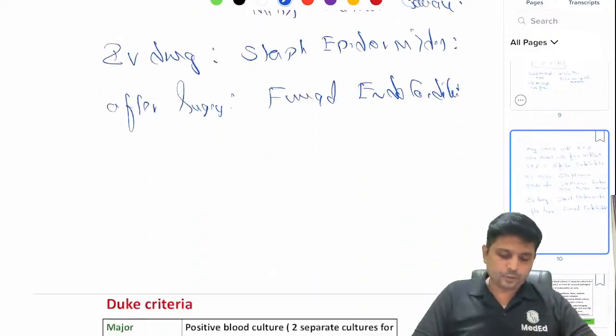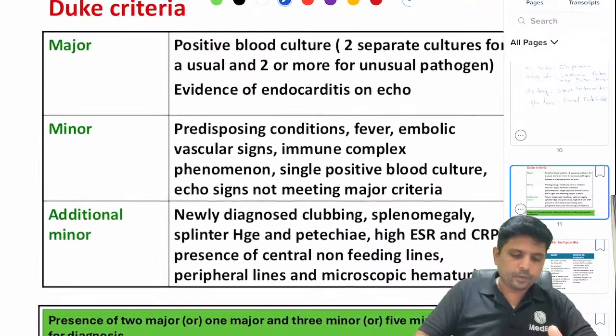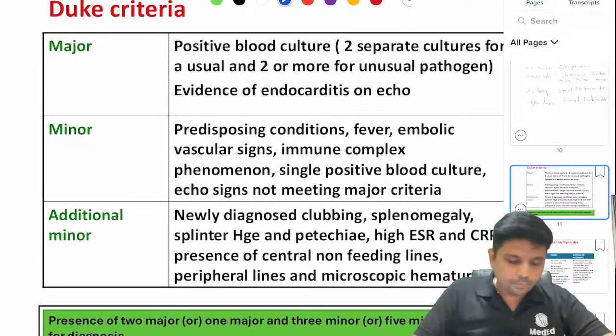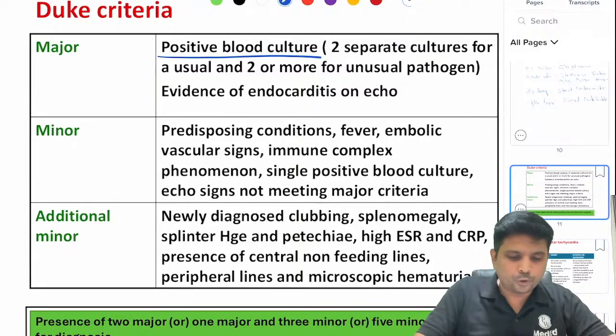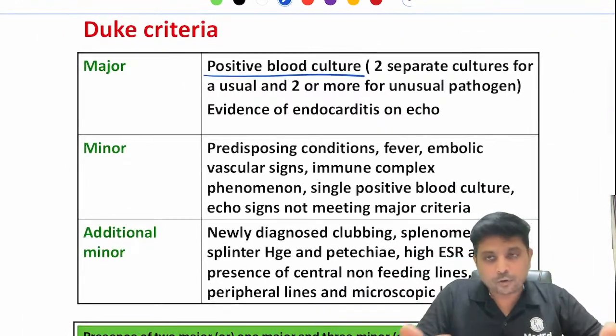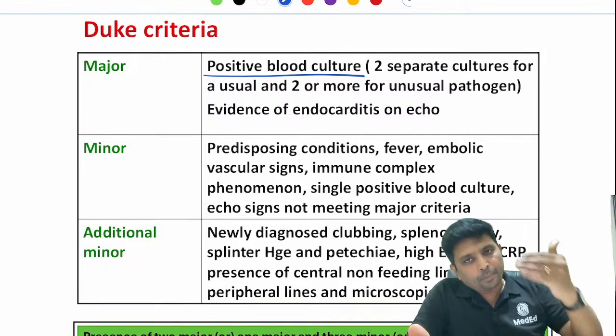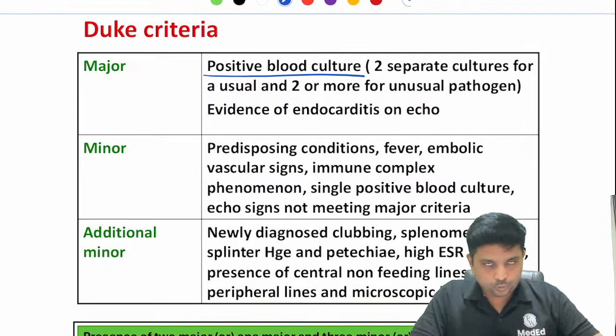Okay, that's all. So what are the criteria? Remember, you need to have two positive blood cultures, because you can plan treatment based on the organism that is grown.